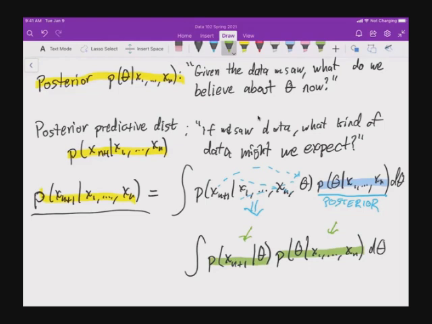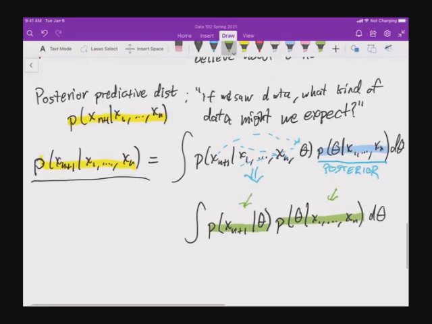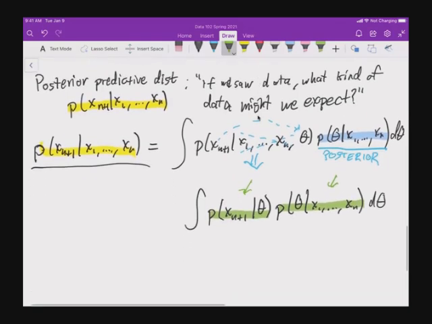Now, in practice, this integral is intractable. So there are two problems here. One is that this integral is intractable. The second is that the posterior is intractable. But we can do something clever. This term right here is actually an expectation.